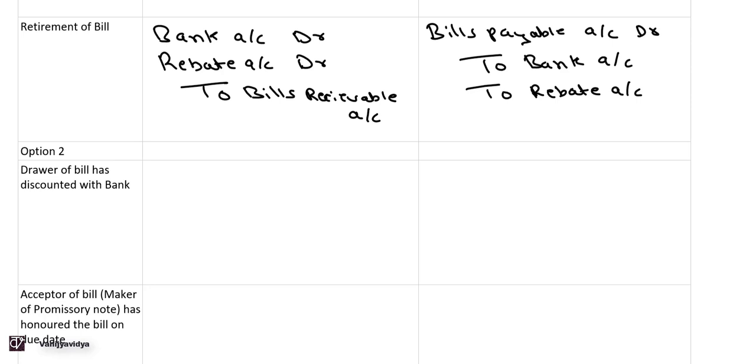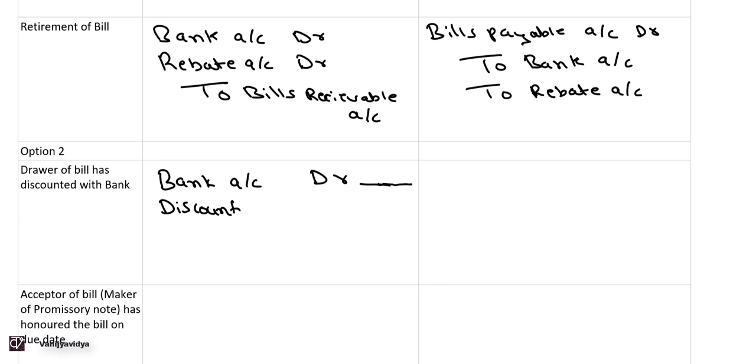So the entry will be, there was some asset known as bills receivable in the books of the drawer. He has received some payment, so bank account debit. Now the payment that the drawer has received will be less than the amount reflected in bills receivable, because the bank will be charging some discounting charges.